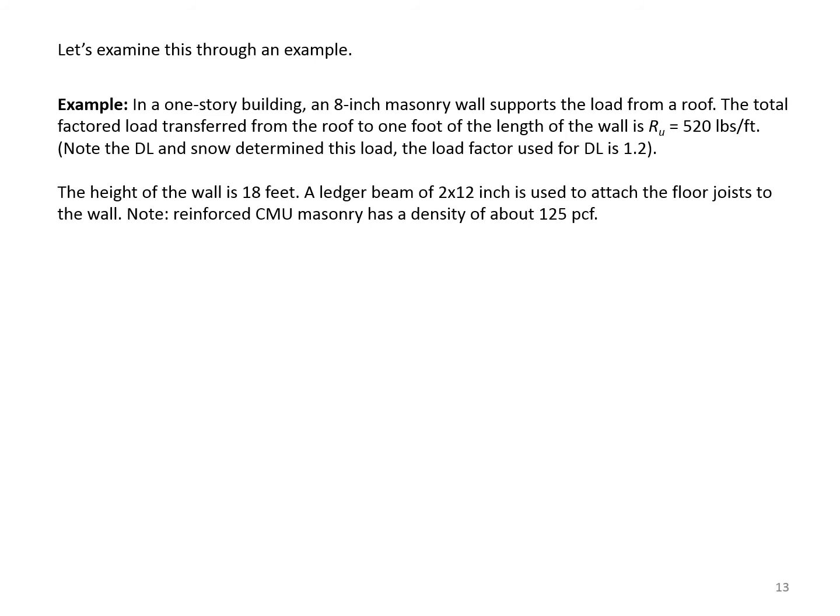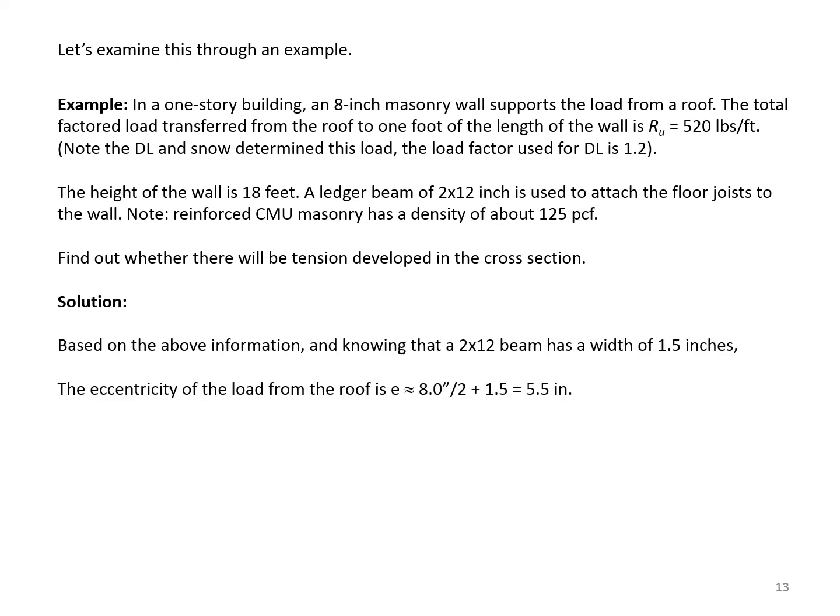The height of the wall is 18 feet. A ledger beam of 2 by 12 inches is used to attach the floor joist to the wall. Notice that the reinforced CMU masonry has a density of about 125 pounds per cubic foot. We want to find out whether there will be any tension developed in the cross section.